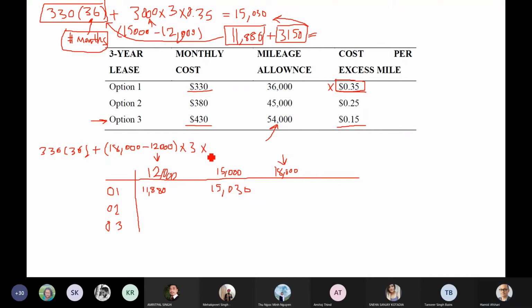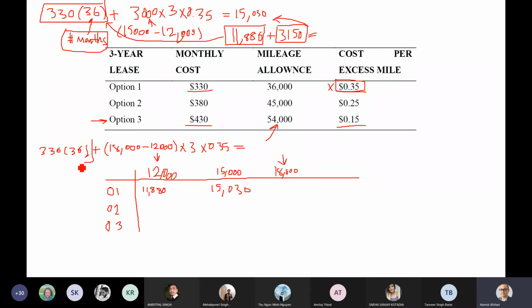Multiplied by the cost of excessive mileage. 0.35. Yeah. Okay, so can somebody calculate that?